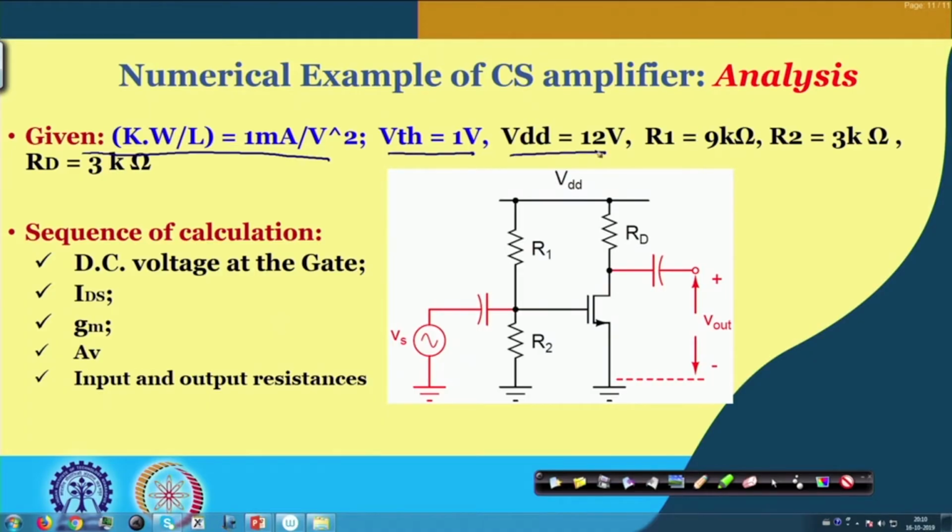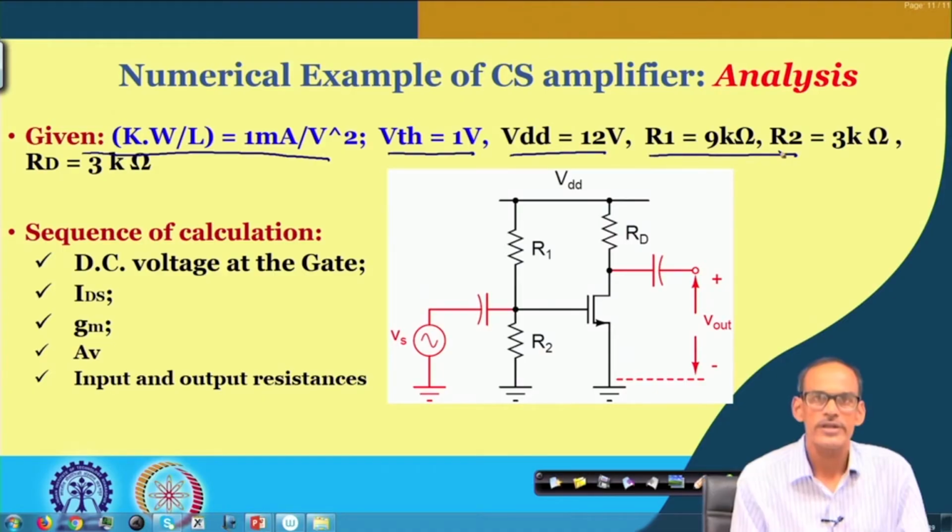In addition, if the values of R1, R2 and RD are given, then we have seen how to calculate the gain of the circuit and the input resistance of the circuit.